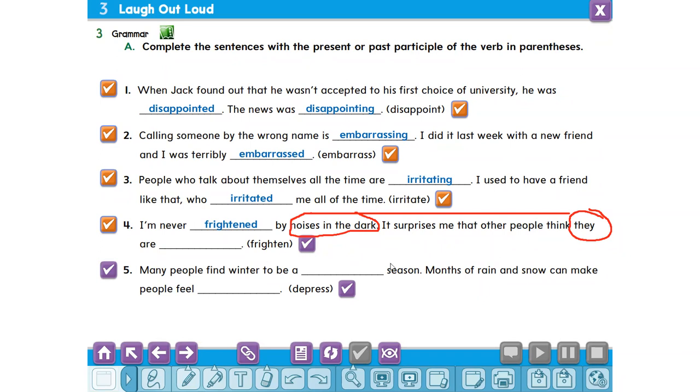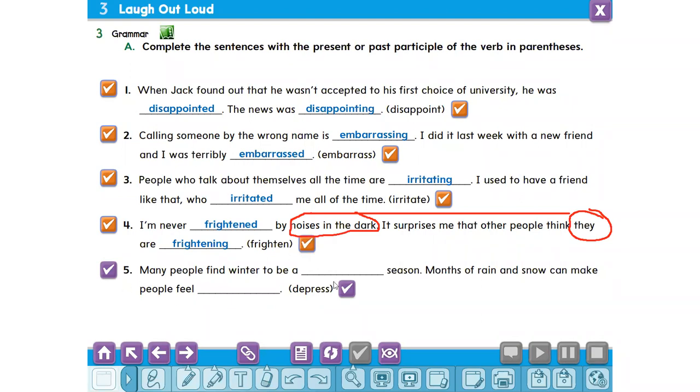Let's listen to Ahmed Oda. They are frightening. Great. We use frightening to describe people or noises in the dark.